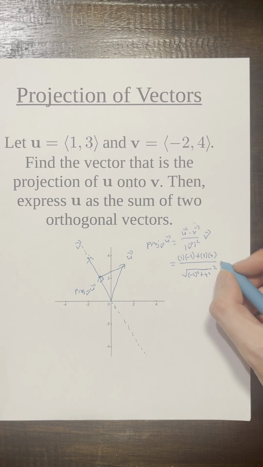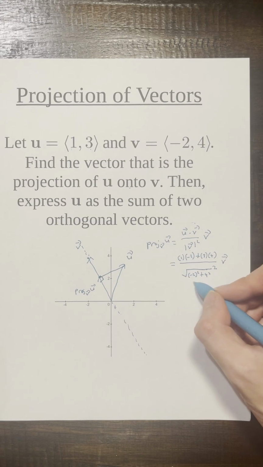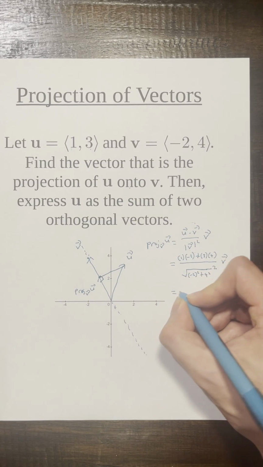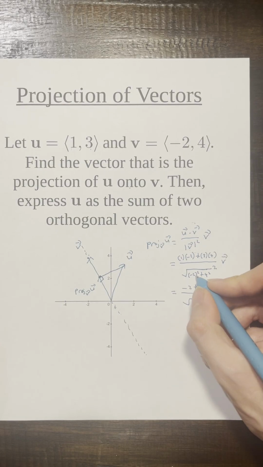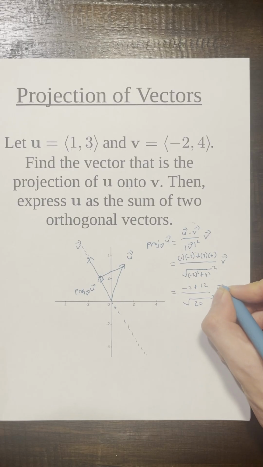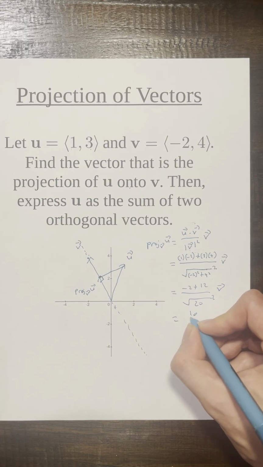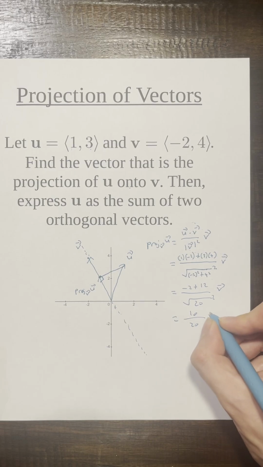Okay, and we need to copy vector v again. You can use a calculator to simplify this, but I'll do it by hand. So this is 4 plus 16, 20. Square root of 20 squared is just 20 itself.